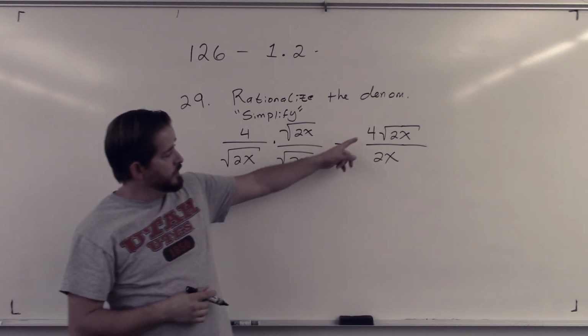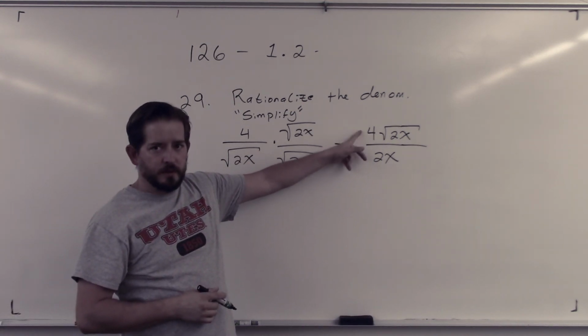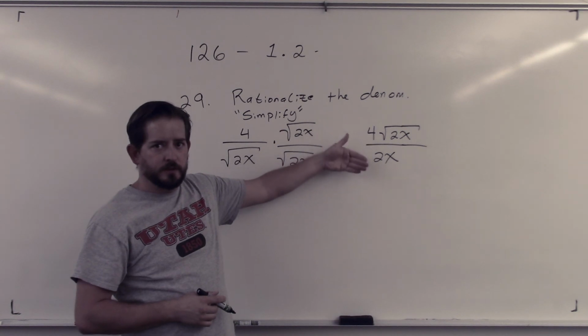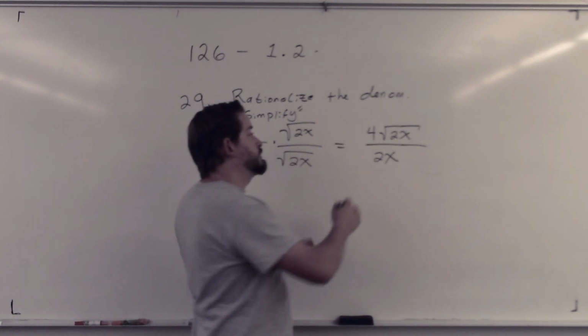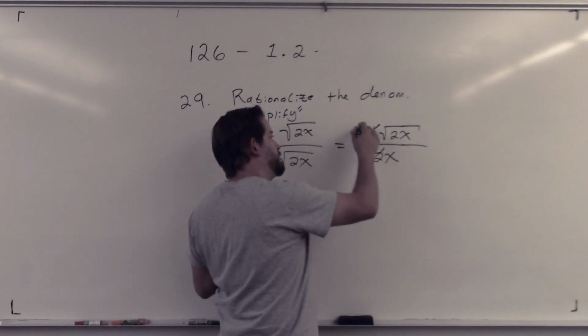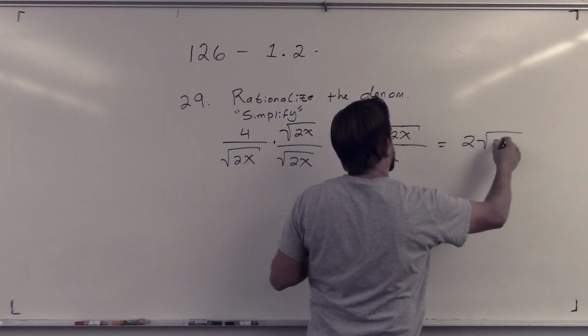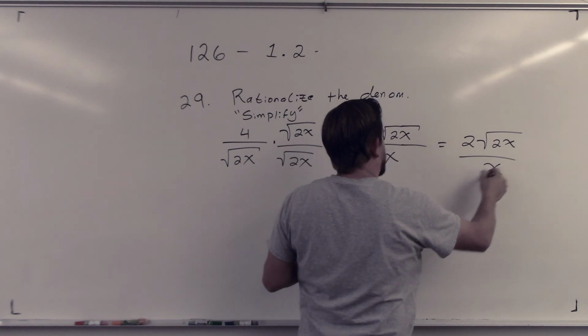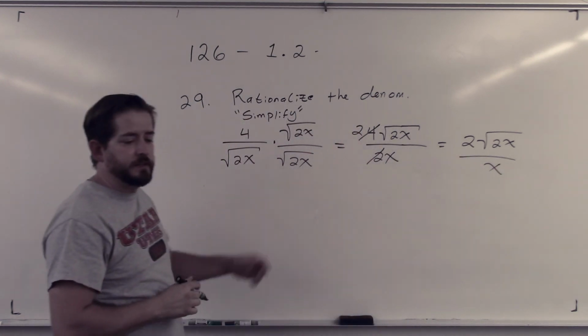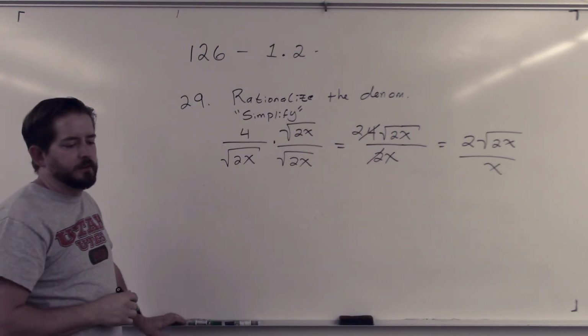But I can here because 4 and 2 can divide. There's a 4 in the numerator, divisible by the 2 in the denominator. So they're both divisible by 2, that leaves me with the 2 upstairs. So that leaves me with 2 times the square root of 2x all over x. And that, you'll see, is an answer down there in those options.